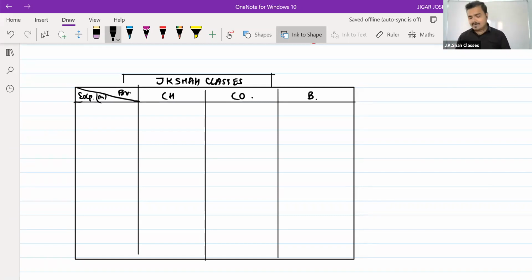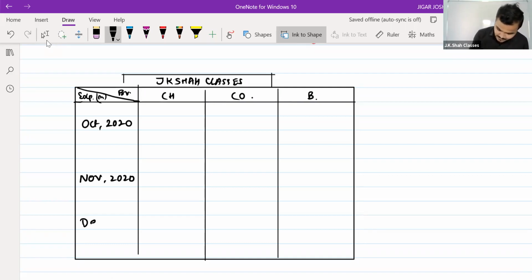Now let's talk about the last quarter. You understand quarter? A quarter is basically a 3-month time period. So I'm taking the example of October 2020, November 2020, December 2020.